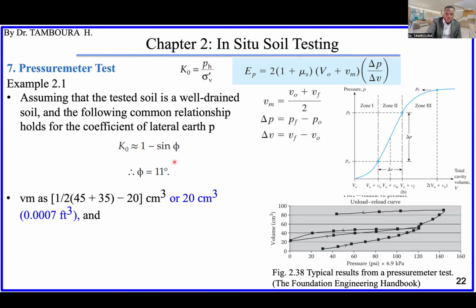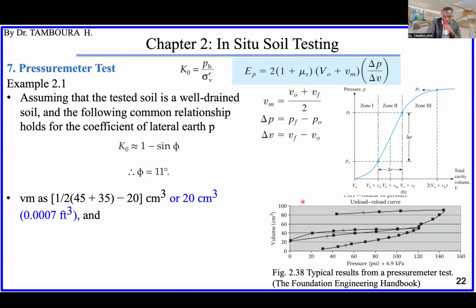Okay. Now we are trying to obtain this elastic modulus. First, we go for VM. You see the formula for VM, right? So VM is obtained from this point and this point. Okay. The equation is here. V0 plus VF divided by 2. So our V0, this one, is not same as this one, okay?